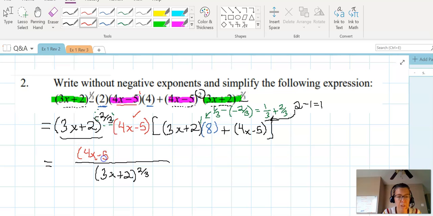And then the stuff in the brackets: we could distribute the 8. Multiplying out 8 times 3x and 8 times 2 gives 24x plus 16. And then that's plus the 4x minus 5 I have over here.